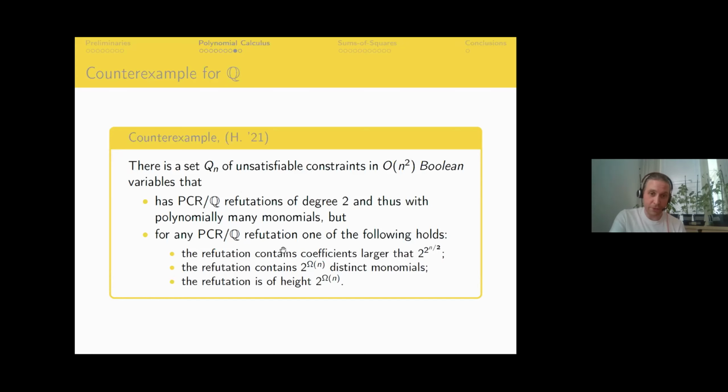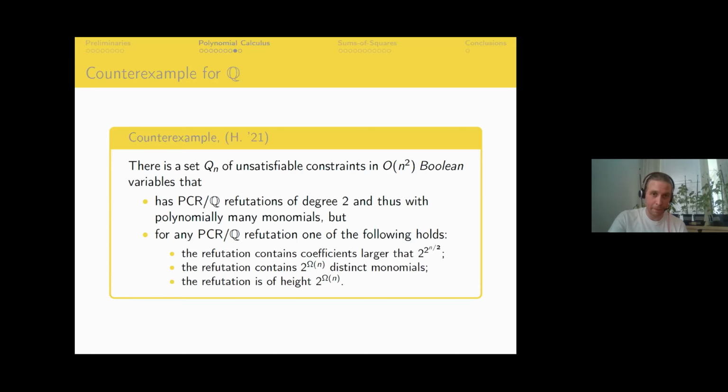But any refutation either has exceedingly large coefficients, exponential number of monomials, or is of exponential height. So in any case, you cannot find the refutation in time polynomial in the size of the set of the monomials, basically. Okay, so we should somehow take into account also the size of the coefficients here, but that's future work.